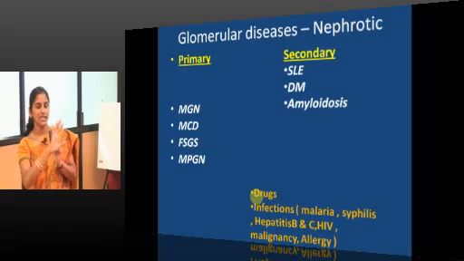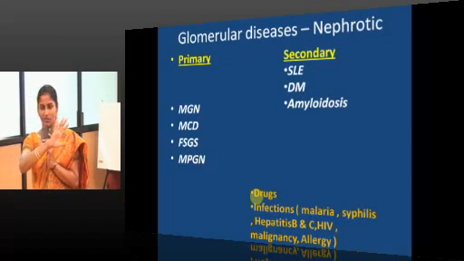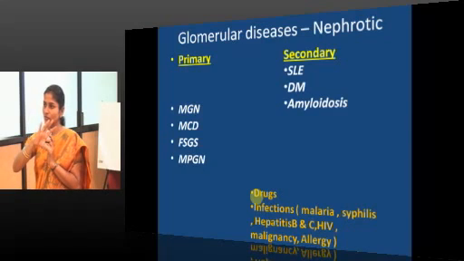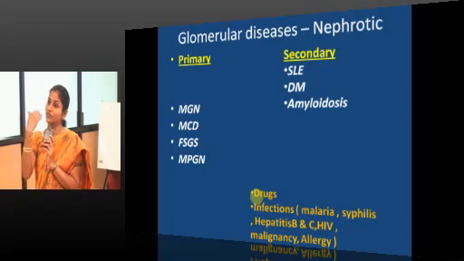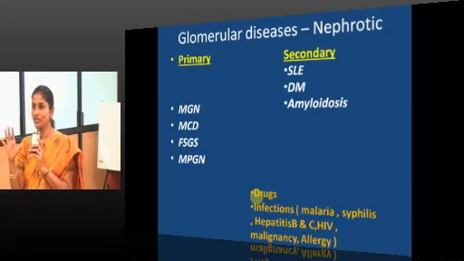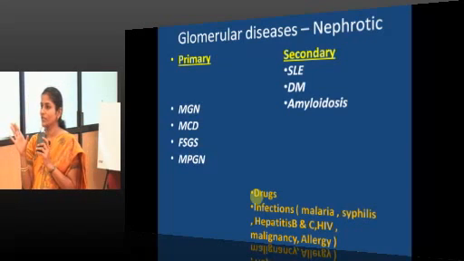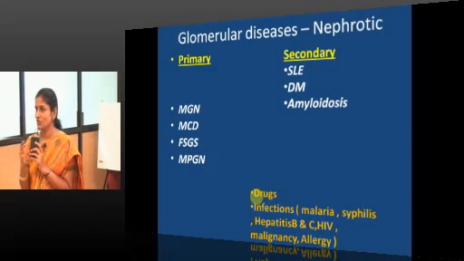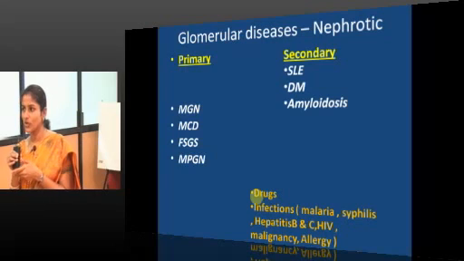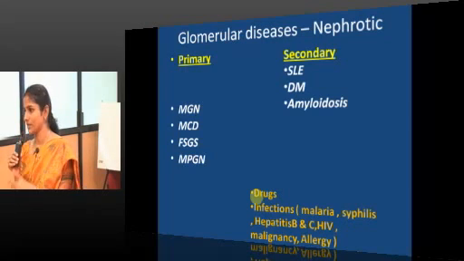Forget about SLE and MPGN in this list, primary and secondary. All the rest will be examples of nephrotic. Very good, excellent. So, they will cause non-proliferative glomerulopathies. Whichever is causing non-proliferation, they are going to have nephrotic picture.